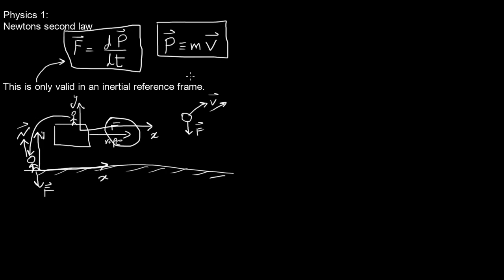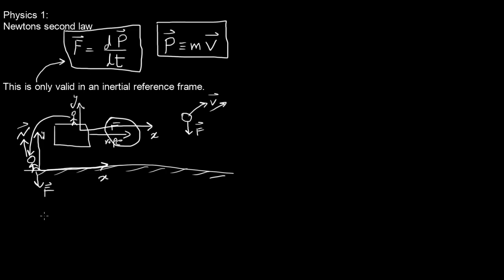For most of the problems that we are going to deal with, the mass does not change during its motion, like the mass of the ball doesn't change in its motion. Therefore, the mass can be taken out of the derivative.